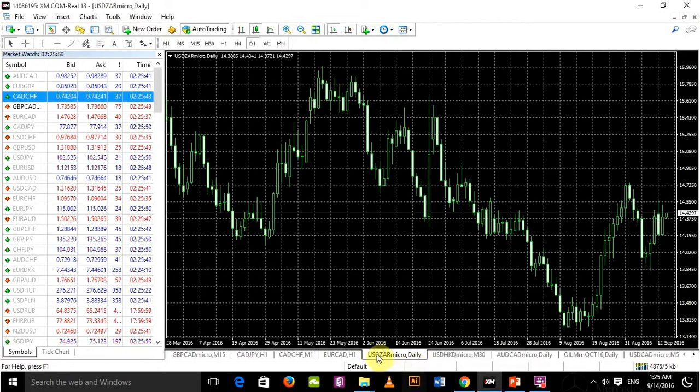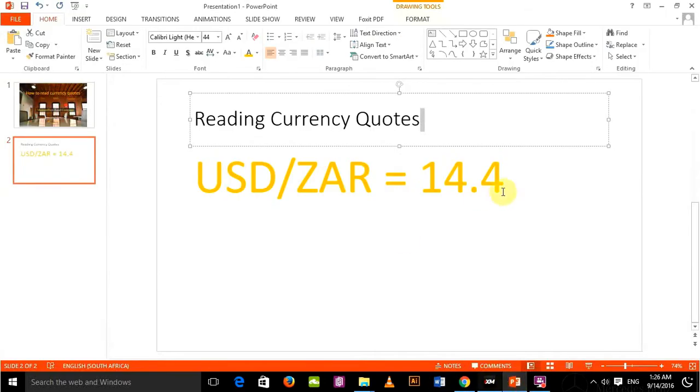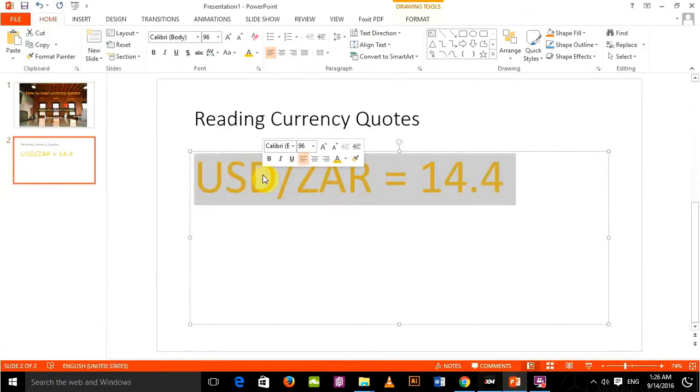You've got the US dollar against the South African rand. Let's interpret this one currency pair, and from there we'll fundamentally explain what this means.